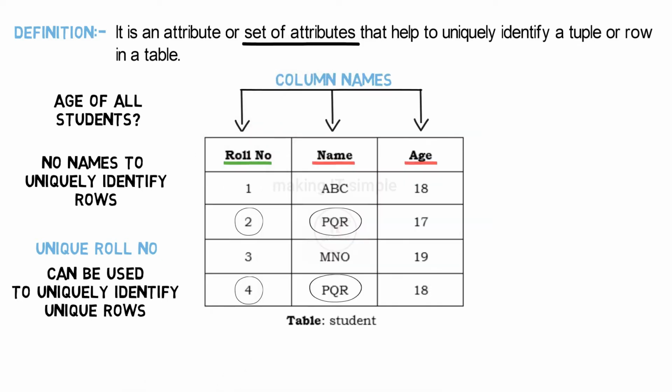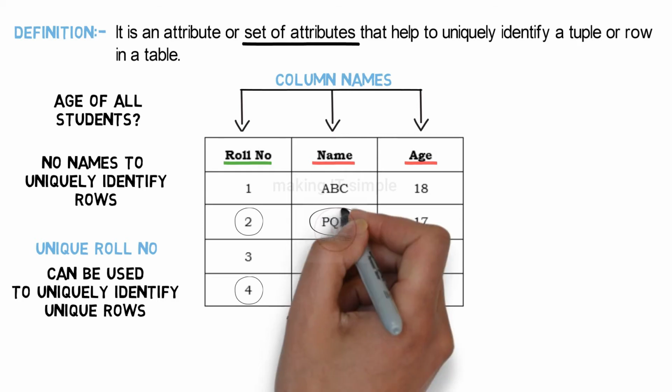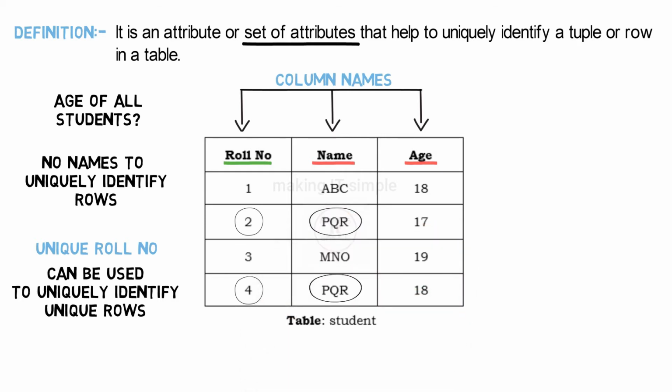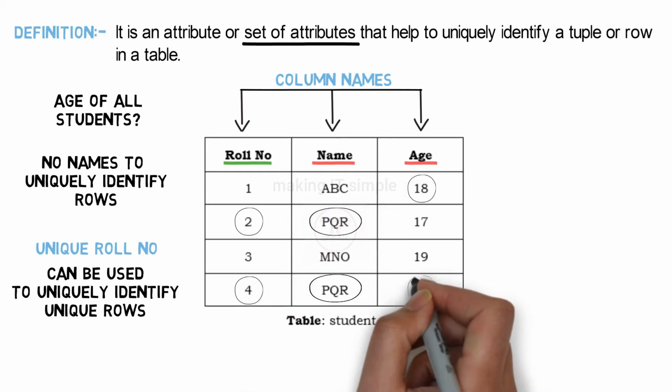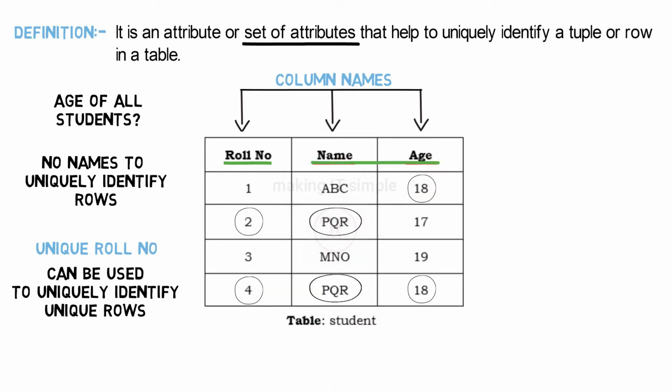In the definition, we also have set of attributes. So what does that mean? Apart from roll number, we have two more columns, name and age. If we consider them individually, there is redundancy or duplication of values. But if we combine them, we can get unique values. For example, there are two values for PQR. There are two instances of age 18.